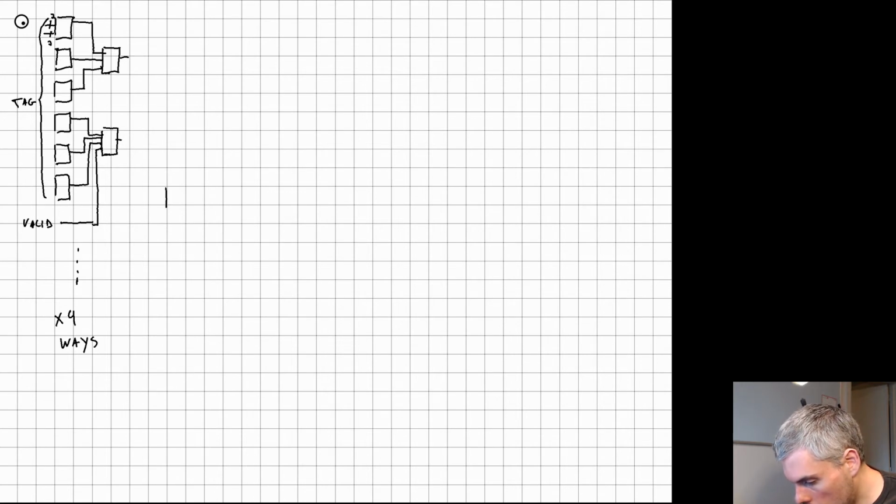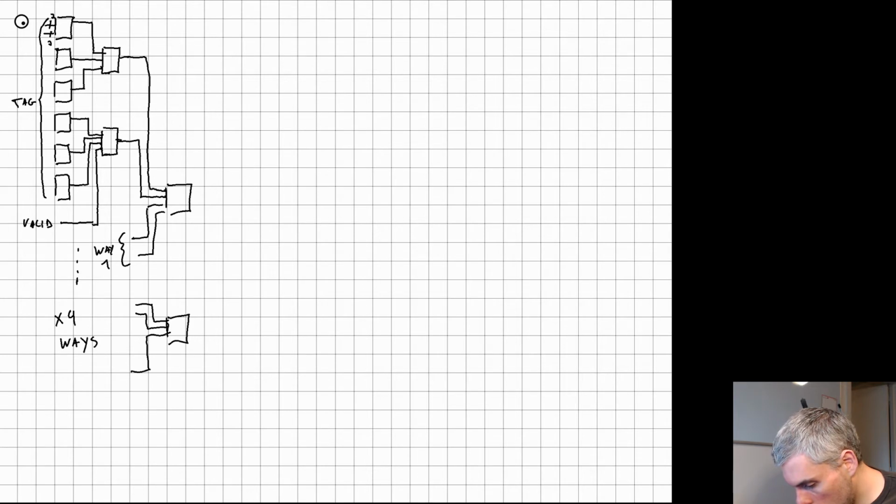And then we have one LUT shared for 2 ways. So this comes from way 1, and then we have another LUT that's way 2, and that's way 3.